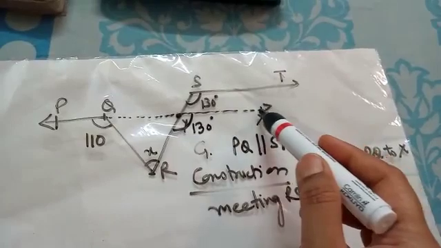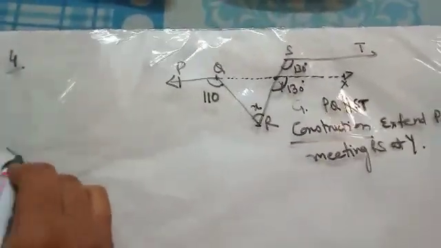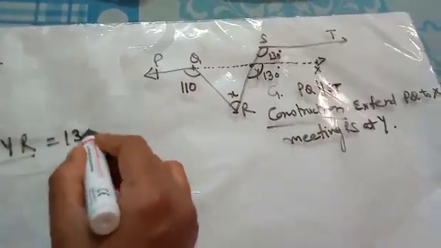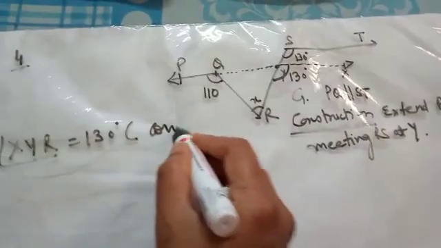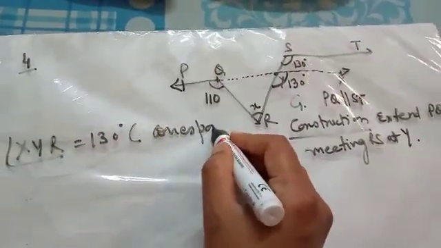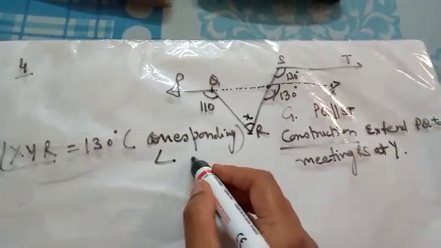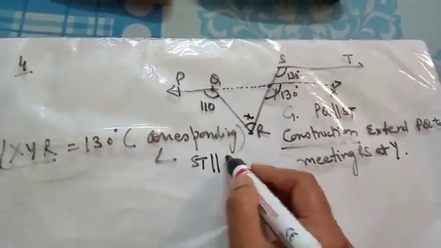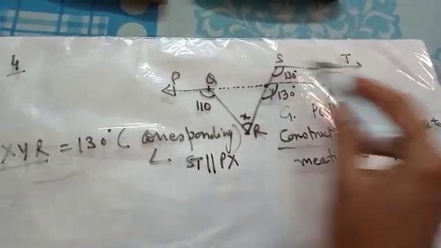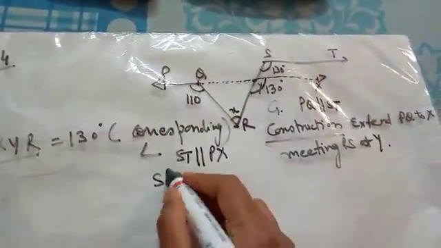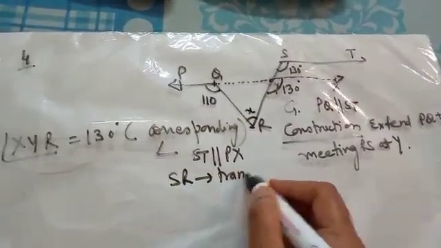So I am mentioning angle XYR is equal to 130 degree because they are corresponding angles, right? What is the reason? ST is parallel to PX, this whole line is parallel to PX and which one is the transversal? SR is the transversal, right?